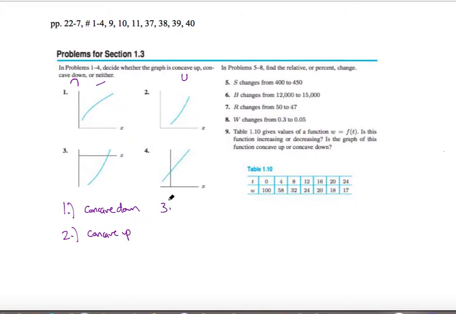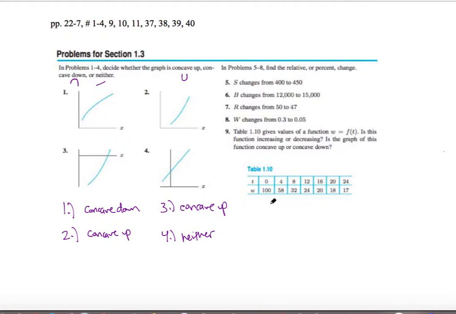Number 3, again, you see some kind of slight curve upward, right? Similar to what we saw in number 2. So this is concave up. And number 4 looks to be a straight line. So this is neither. Neither concave up nor concave down.